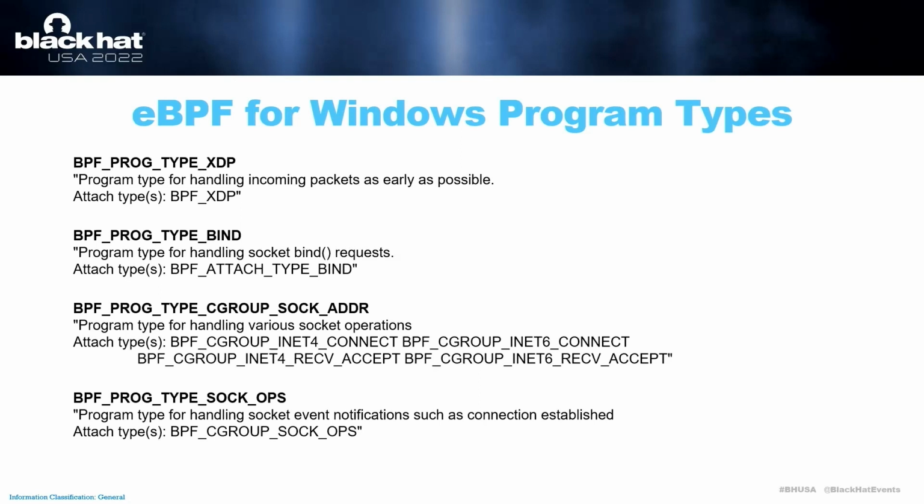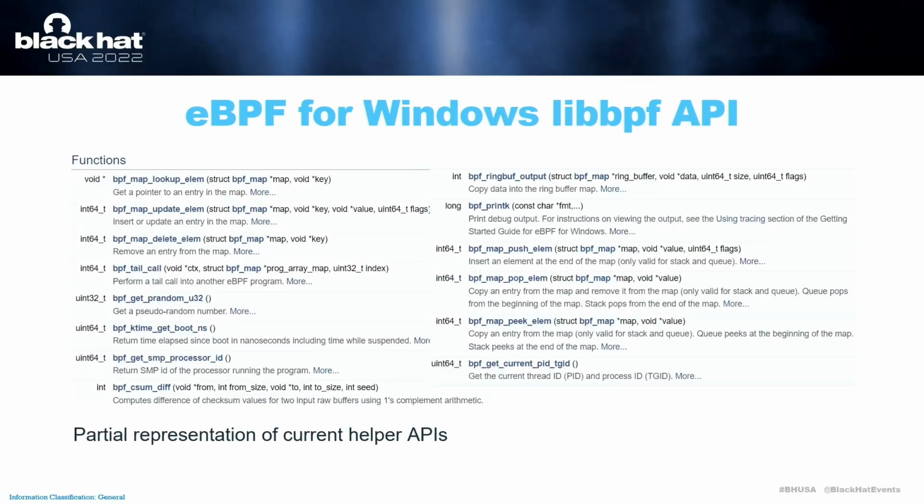Very fascinating stuff. Bind is a type of program that allows you to respond to port binding and accept and general listen and those types of APIs. And then there's a handful of cgroup related and sock operations related hooks that you can implement as well. Again, this is just for a visual to show you that there's a set of APIs.